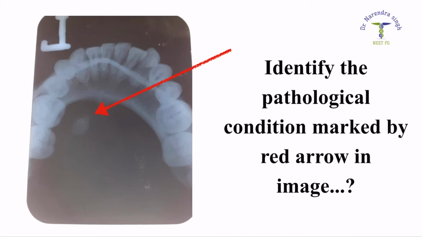Hello friends, today we are going to discuss one very interesting case in ENT, and this radiograph as shown in the picture is of a 25-year-old girl who presented to our ENT OPD with a complaint of colicky pain preprandially and intermittent swelling of the salivary gland.